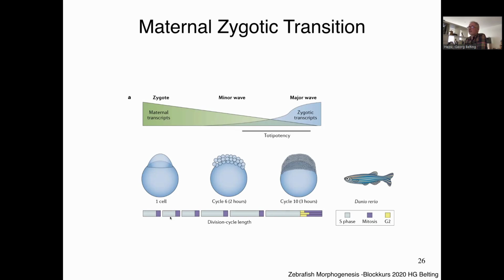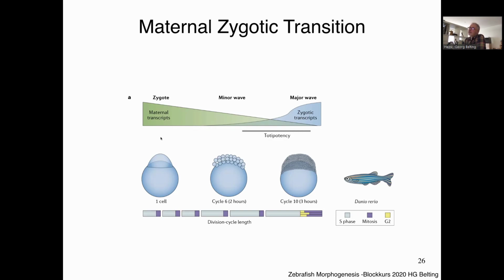On the bottom you have S-phase, mitosis, S-phase, mitosis. Then after 1K, so 10 cell cycles, it slows down, becomes asynchronous, and you have a longer G2 phase.